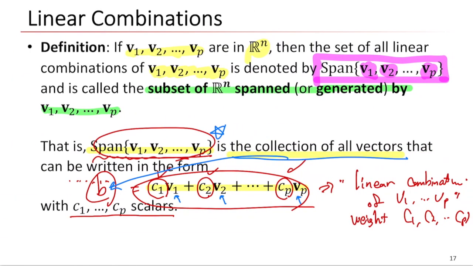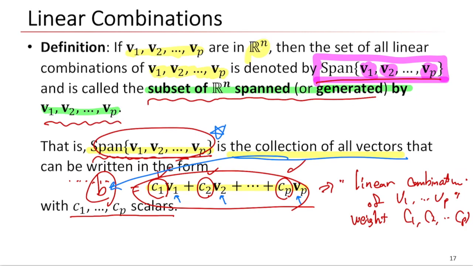There was one more definition called the span. Span V1, V2 through VP is called the subset of Rn spanned by V1, V2 through VP. Then what was the span?